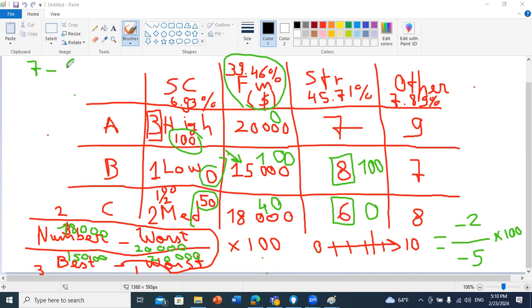So 7 minus 6 over the best score, 8, minus the worst score, which is 6. So here we got 1 over 2, which is 50. So the score for 7 will be 50. And it is reasonable because 7 is just in the middle of 6 and 8.